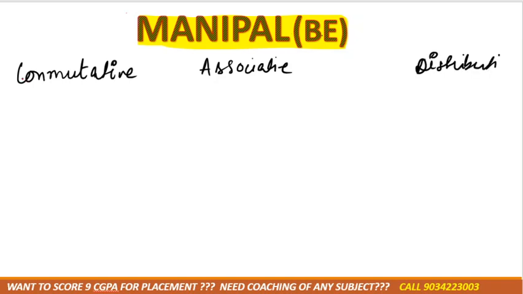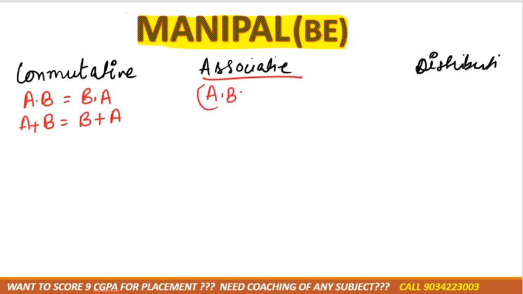In commutative law, we'll have A dot B is equal to B dot A, that you have studied in maths also, right? A plus B is equal to B plus A, right? Next one is associative law, that is A dot B dot C equal to A dot B dot C, correct?